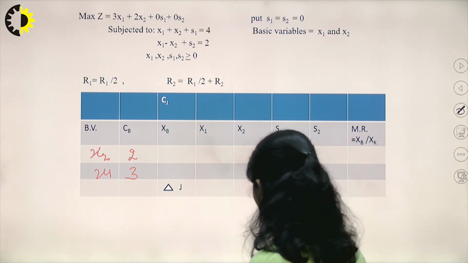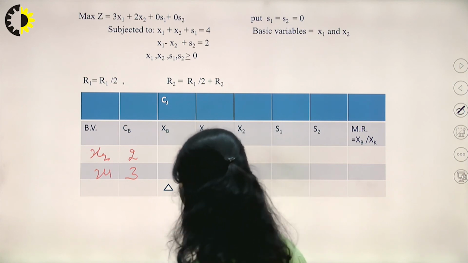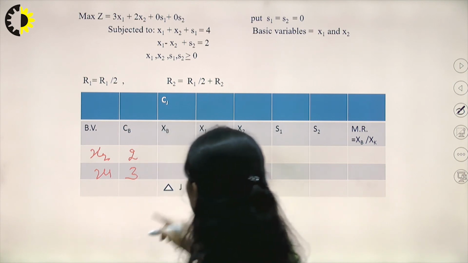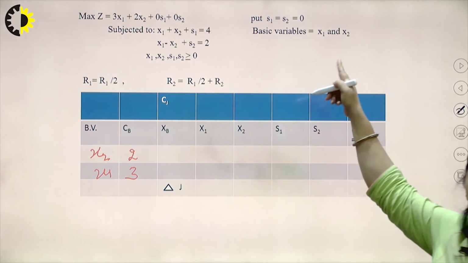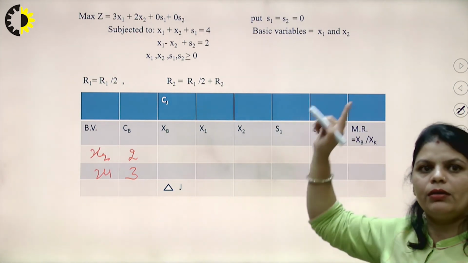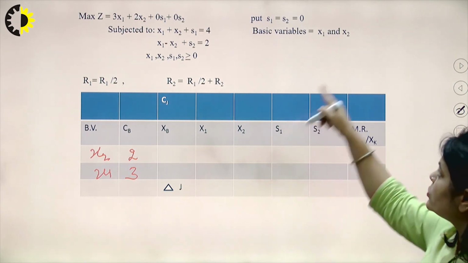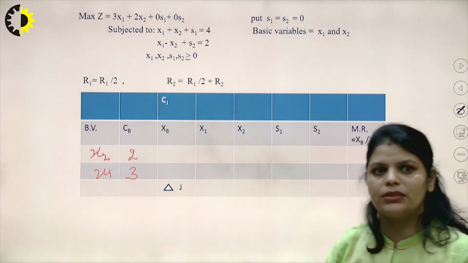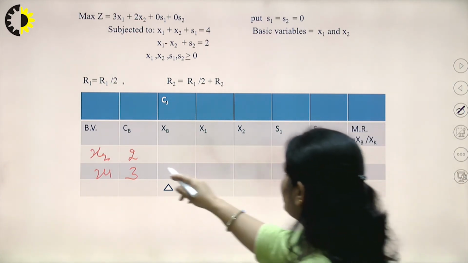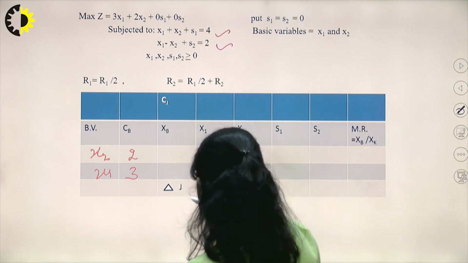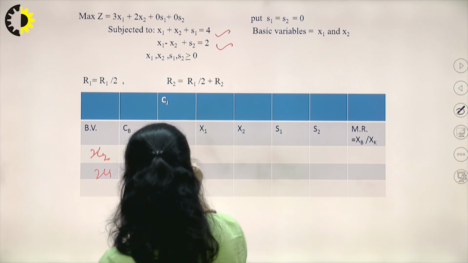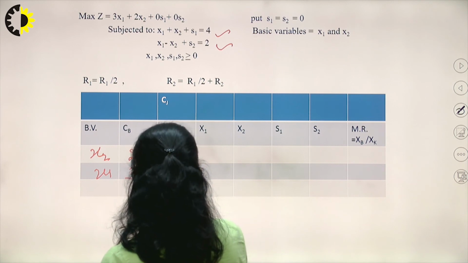Now what we have to do? We will find out the value of these basic variables when we put S1 and S2 equal to 0. So S1 and S2 will become non-basic variables and X1 and X2 will become basic variables. So we will get the values of X1 and X2 with the help of these two equations as 1 and 3.